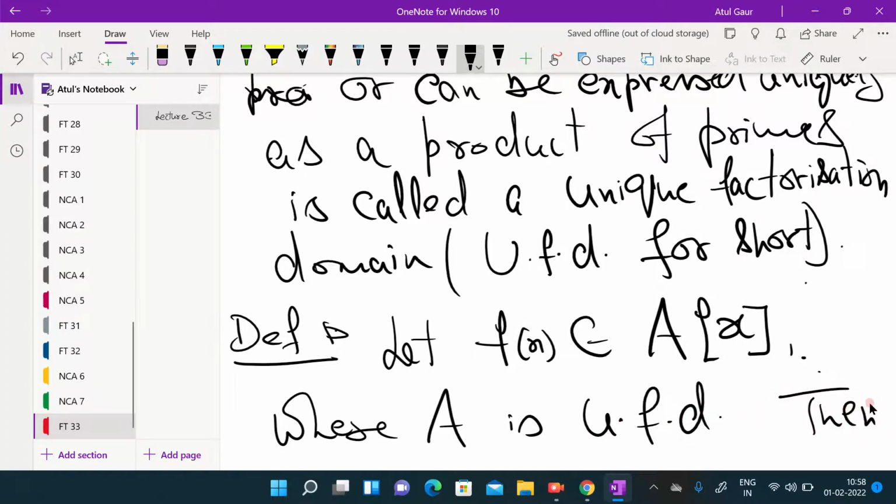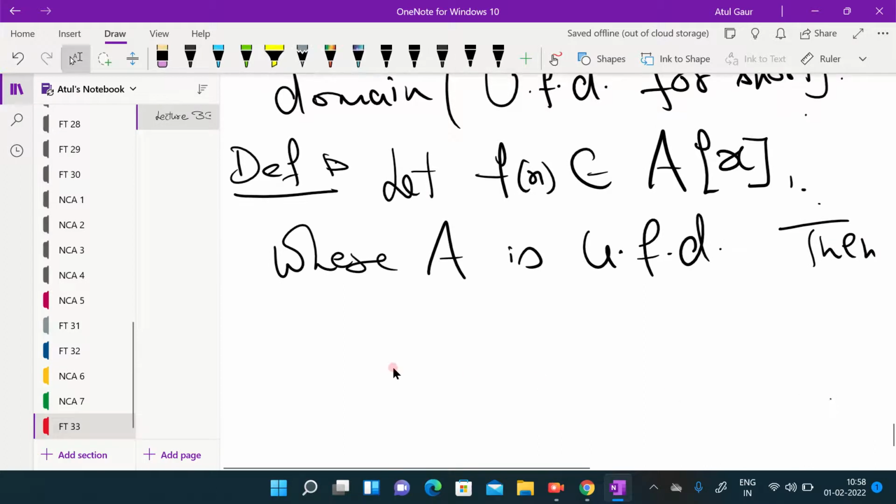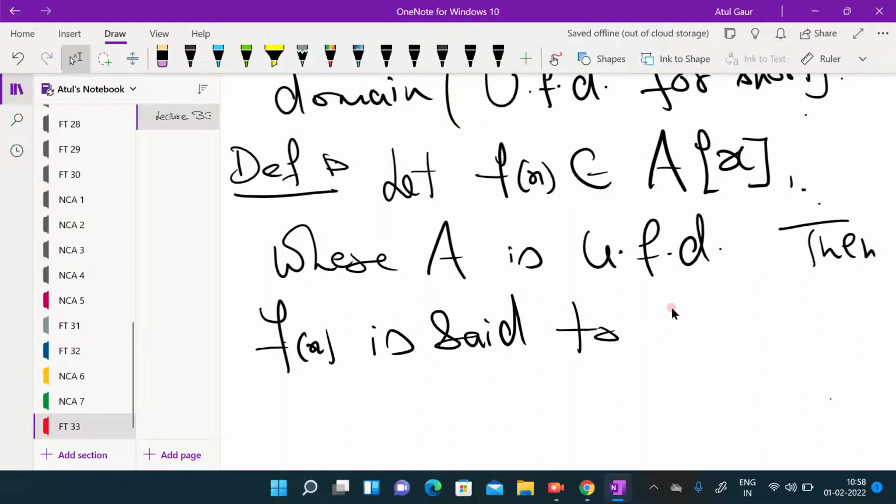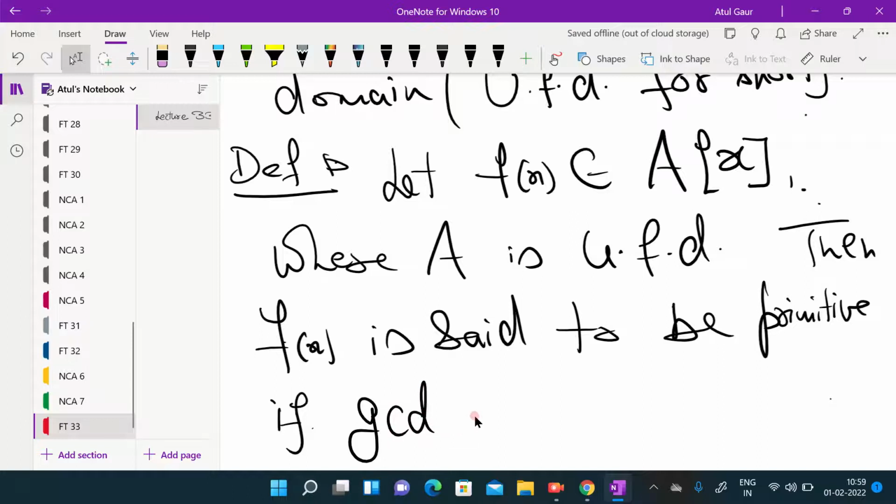Then f(x) is said to be primitive if the GCD of the coefficients of f(x) is a unit in A. GCD of the coefficients, unit means 1.